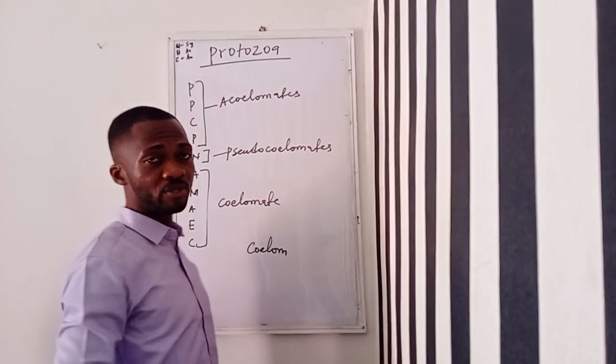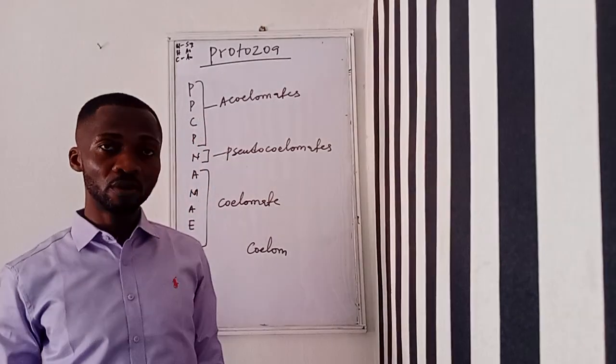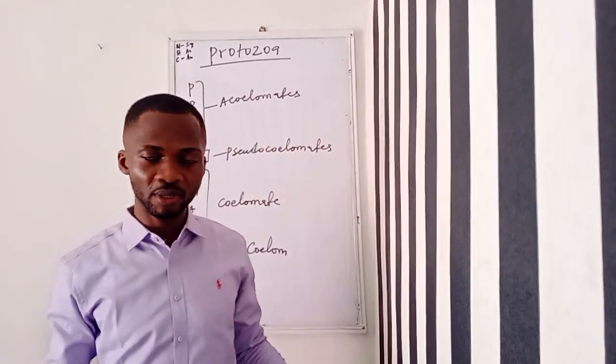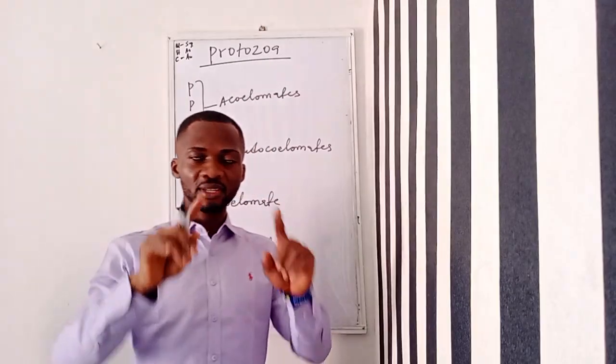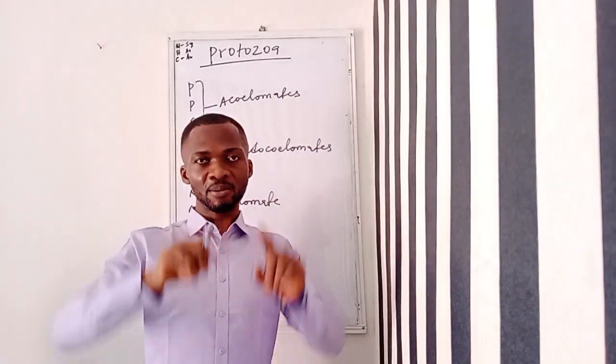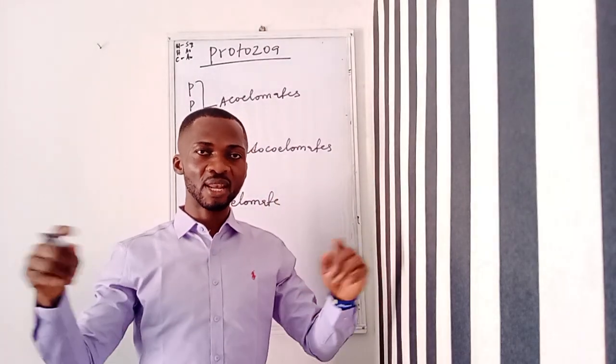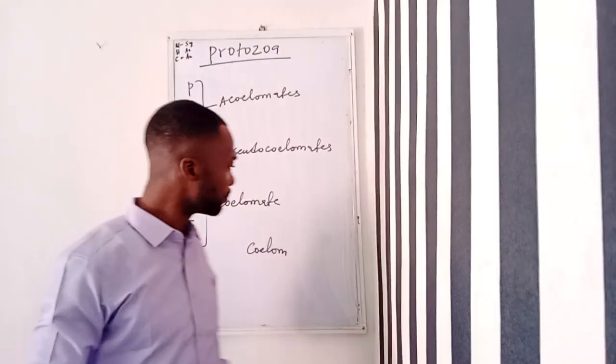What do you mean by coelomates? When we say that an animal is coelomate, that means that that animal contains a body cavity, and that body cavity is called coelom, which is lined by a tissue, the mesoderm.